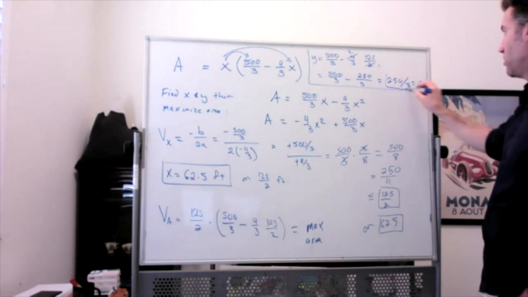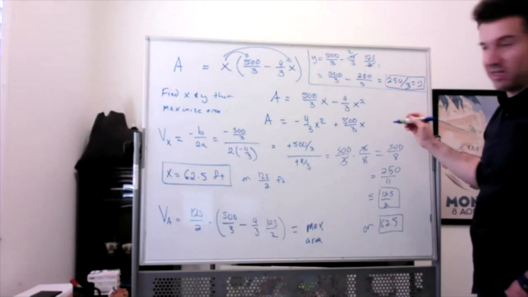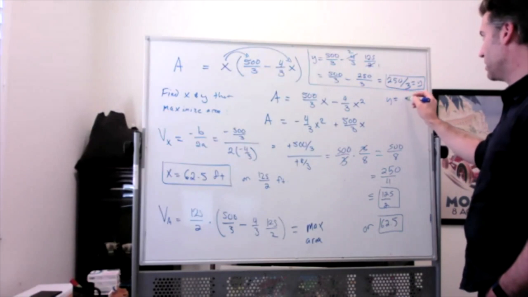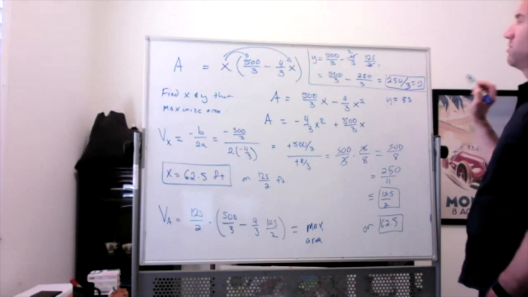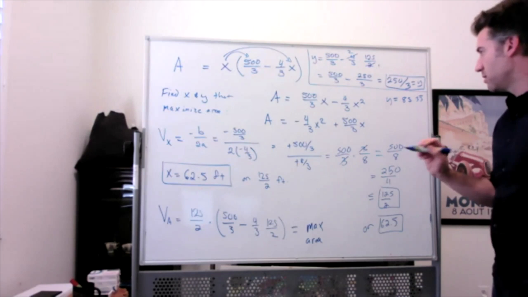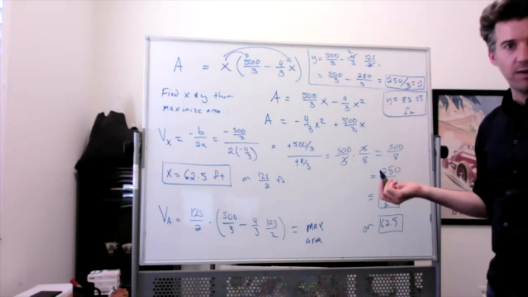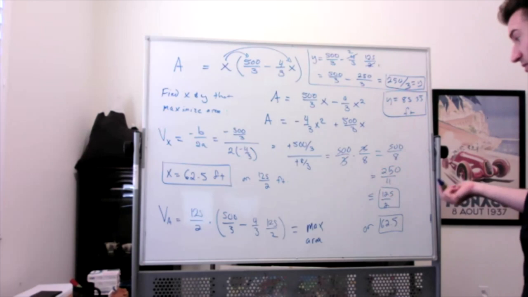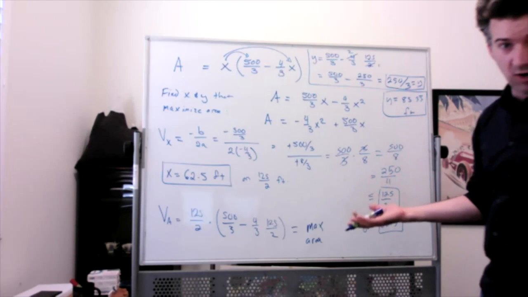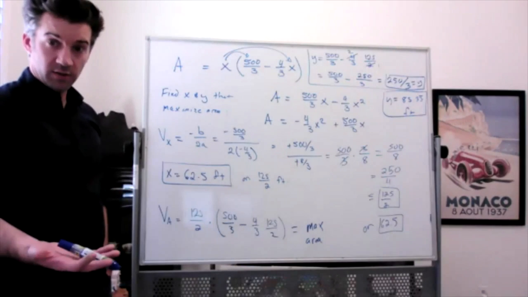So y is 250 thirds. You could also say, although it's not as nice, as a decimal, y is 83.33 continuing. That would be a fine way to write it as well. So these are the values of x and y that maximize the area while still only spending $500.